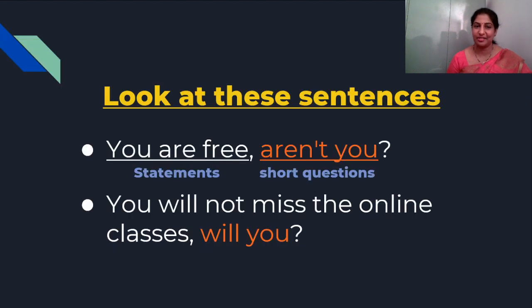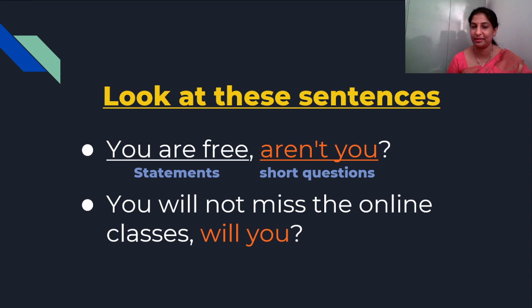Look at these sentences. They are free. You're free, aren't you? You will not miss the online classes, will you? You can see these sentences are made up of two parts, a statement and a very short question. Here, you are free is a statement, and in the next sentence, you will not miss the online classes is also a statement.